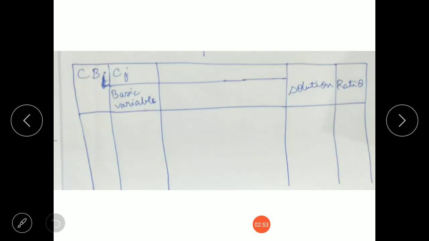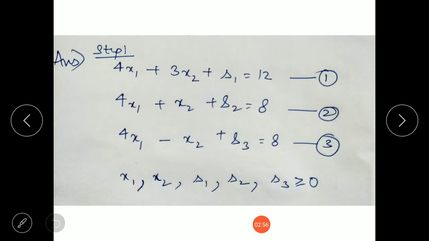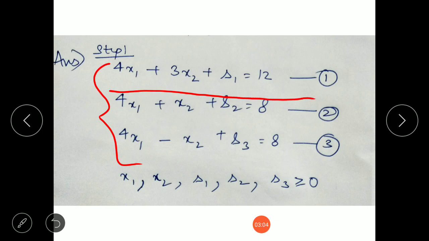Among all the three equality constraint equations, S1 is present in equation number 1, and the coefficients for this equation for x1, x2 and s1 are 4, 3, 1. Since s2 and s3 are not present, we'll write their coefficients to be 0, 0. And what is the solution? It is 12.